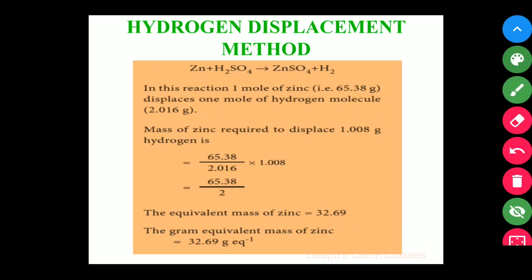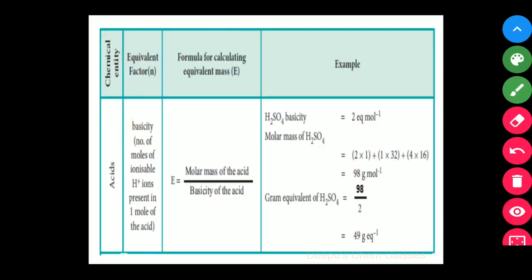Remember one thing, equivalent mass has no unit. Only gram equivalent mass is expressed in gram per equivalent. So we are determining equivalent mass based on the references hydrogen, chlorine, oxygen and sometimes silver.